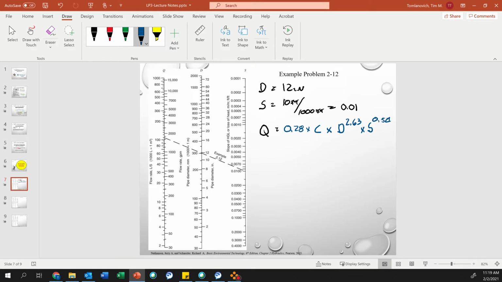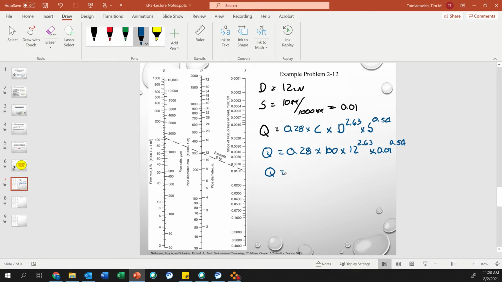Okay. All right, so Q equals 0.28 times, so we're going to use 100 because that's what the nomograph is, times D. So now does D need to be in inches? Yes, meters or inches. So times 12 raised to the 2.63 times our slope 0.01 raised to the 0.54.